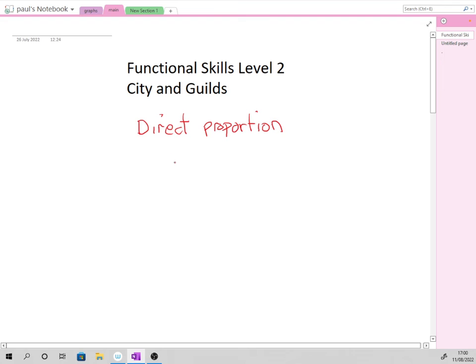This means simply that if you buy one fish and it costs £1, and you buy three fish, it would cost £3. If you buy 10 fish, it will cost £10, yeah?